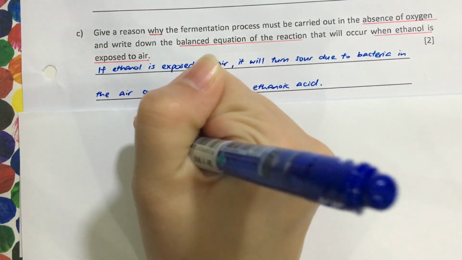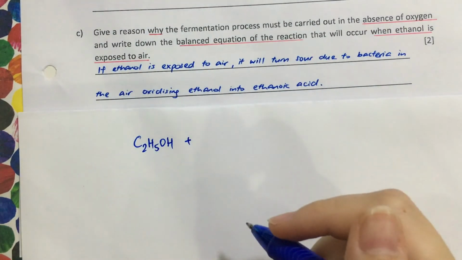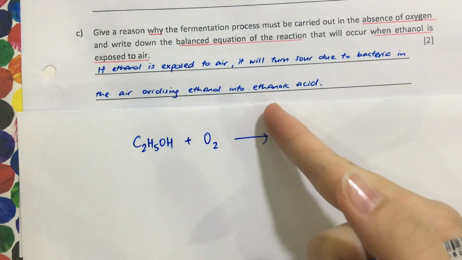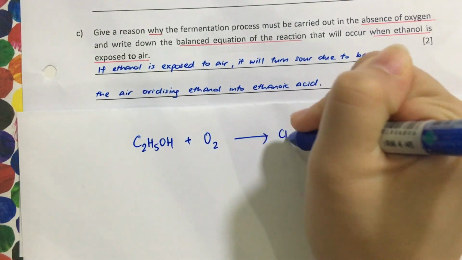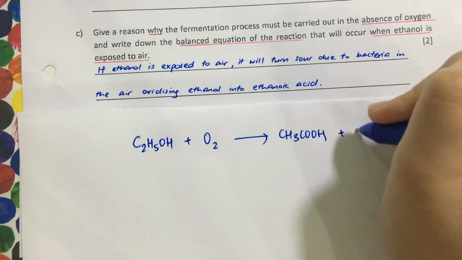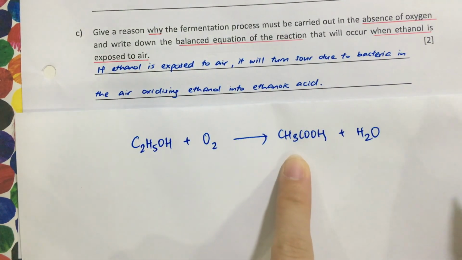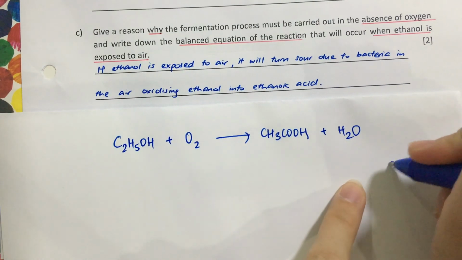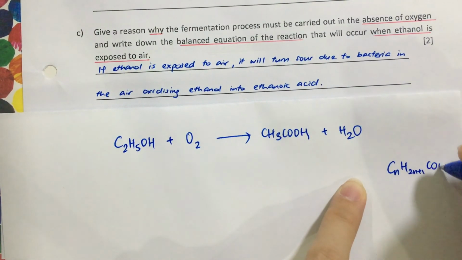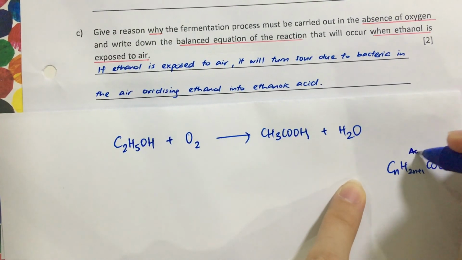So our ethanol is C2H5OH. Because this is bacteria in air, we put O2. Ethanoic acid is CH3COOH. And remember, you get water vapor as well. Okay, in case you forget how to do ethanoic acid, go back to the general formula of acid, CnH2n+1COOH.